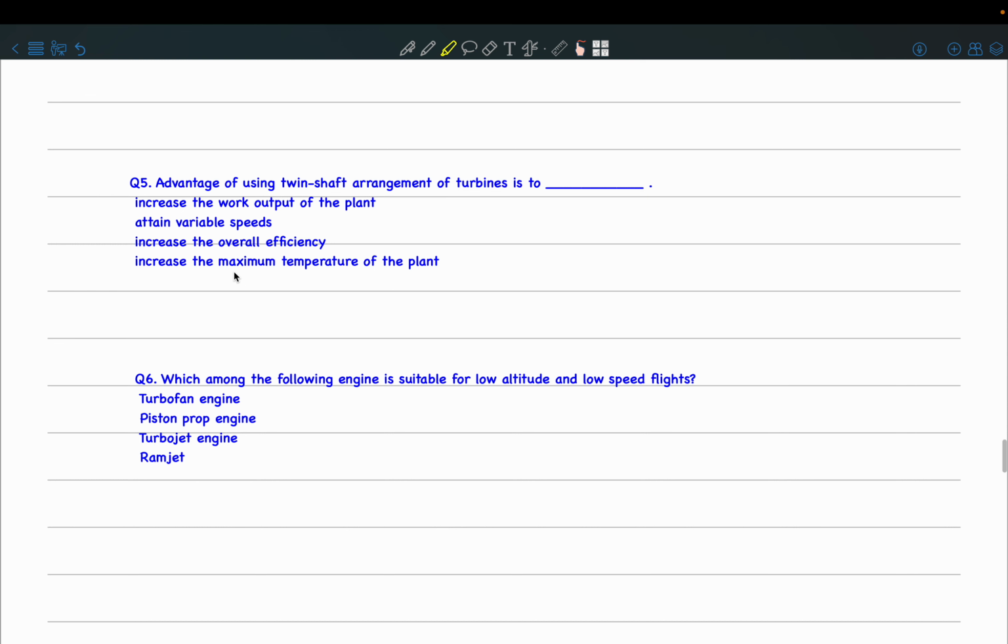Yeah, so what is the answer? Sorry, I cannot hear you very clearly. Option 1, 2, 3, 4. Which one? Well, that's not the answer. The answer given here is to increase the work output.